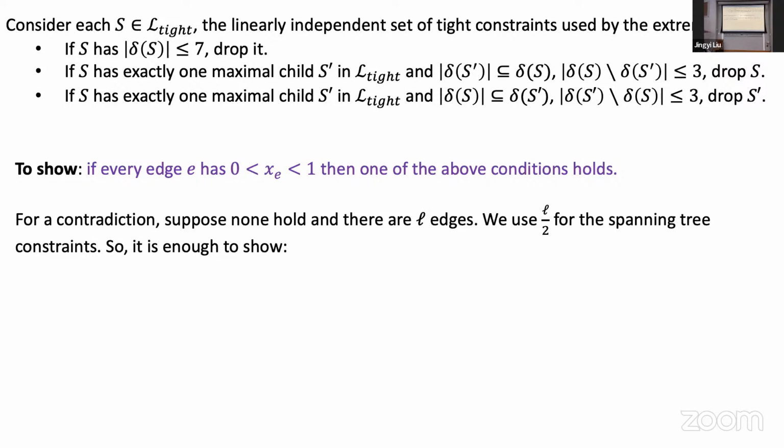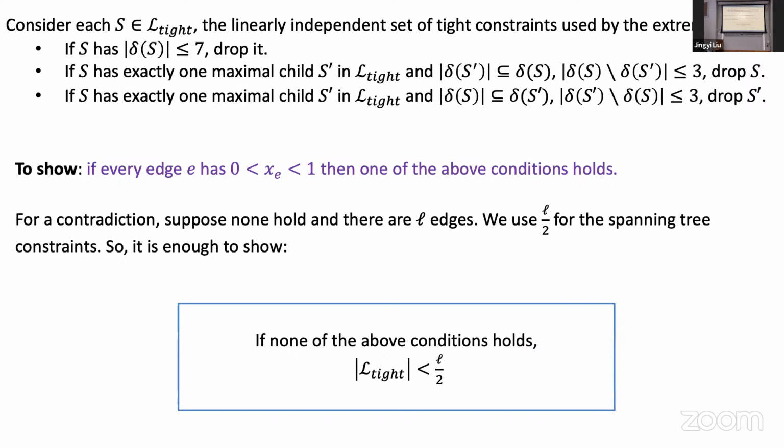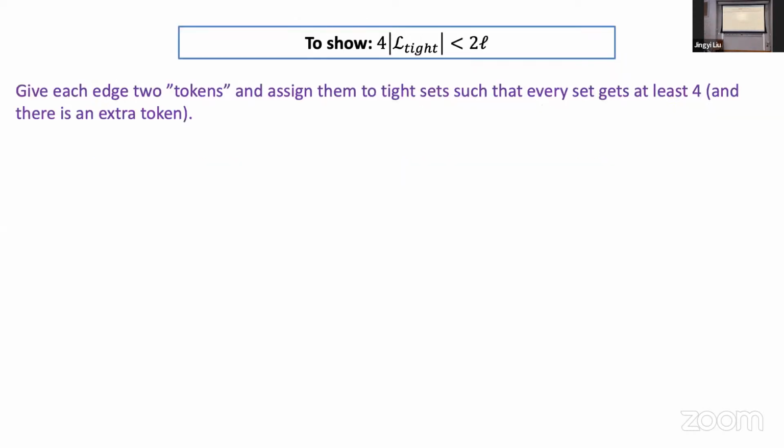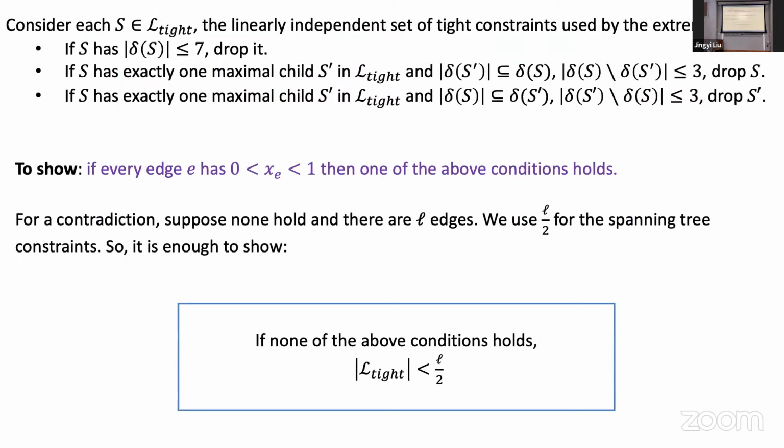And we'll use this L over 2 for the spanning tree constraints, or the matroid constraints in general. And now we just want to show that if none of these conditions hold, then the size of the linearly independent tight constraints coming from the laminar family is strictly less than L over 2. Which is the same as saying 4 times the size of this family is at most 2L, right?